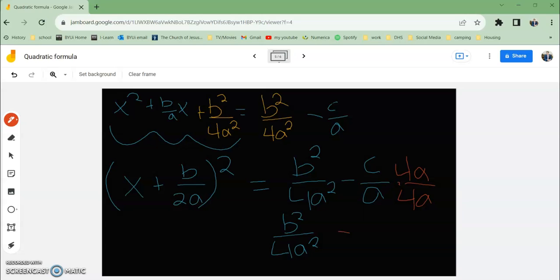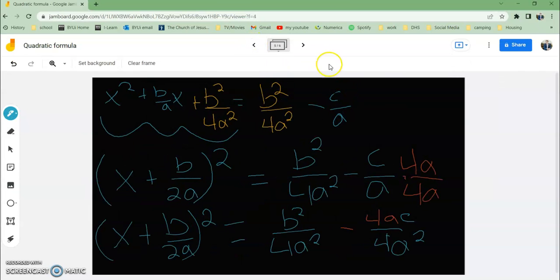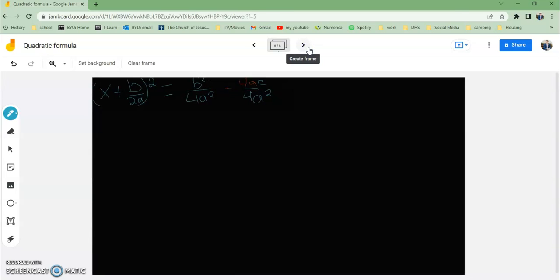Alright, so now we have 4 times a divided by 4a squared. Oh, and then there's a c on top. I forgot. There we go. Alright, so now that we have this as our last step, we made a common denominator.